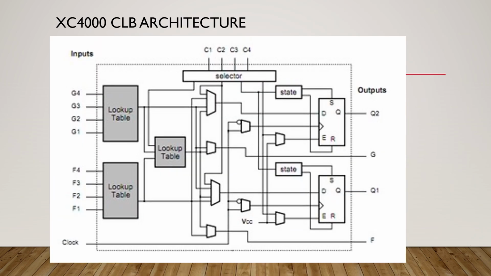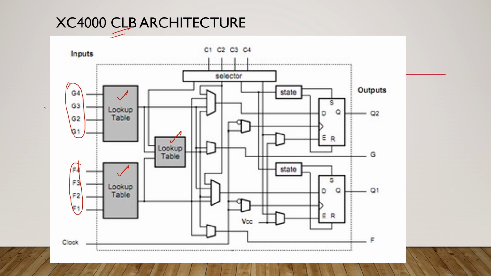This is the example of a configurable logic block in the XC4000 series. They have used this kind of CLB architecture. The CLB uses three lookup tables: lookup table 1, lookup table 2, and lookup table 3. The first lookup table has four inputs, G1 to G4. Similarly, lookup table 2 uses four inputs, F1 to F4.